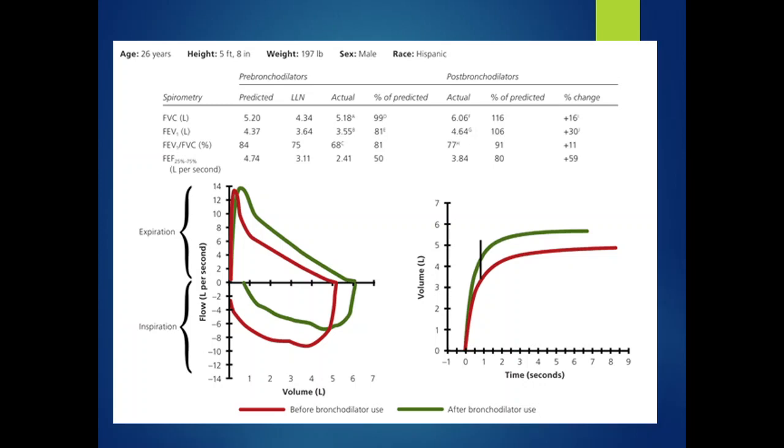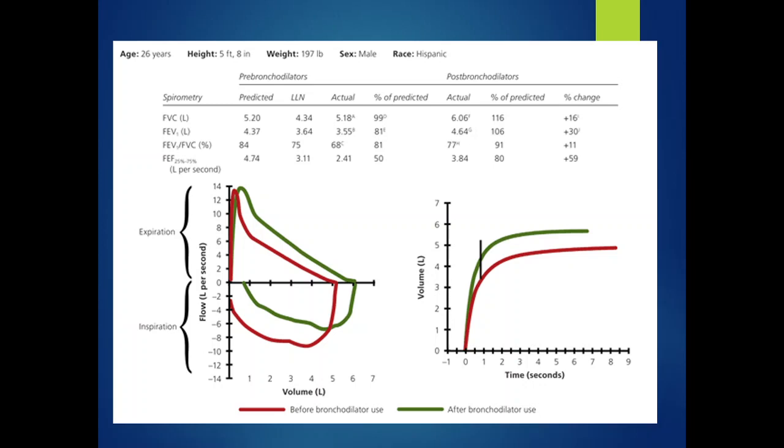This is another example of a patient with bronchodilator response. You see that the ratio is 68, which is less than the lower limit of normal, which is 75, and the FVC is 5.1, which is higher than the lower limit of normal, and the FEV1 is 3.55, which is less than the lower limit of normal.